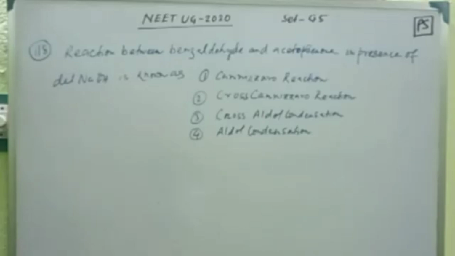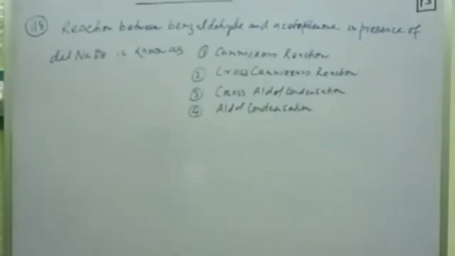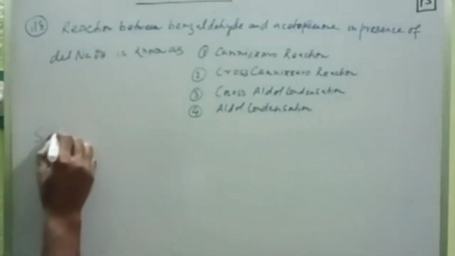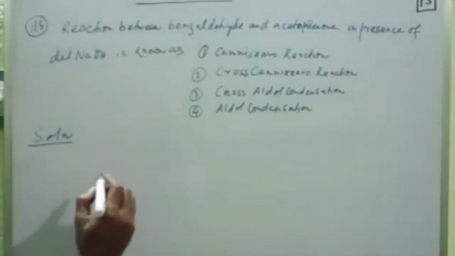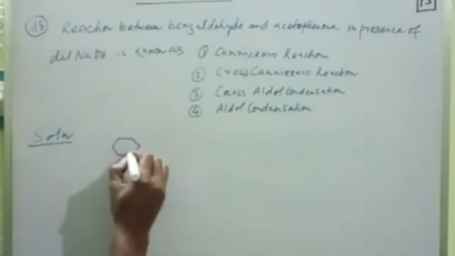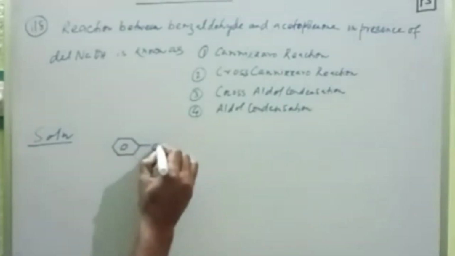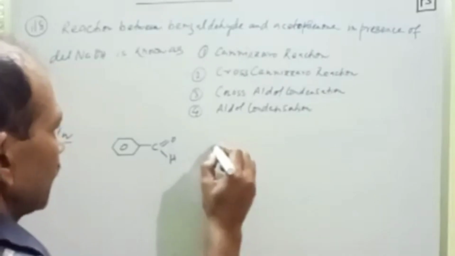Question number 118. Reaction between benzaldehyde and acetophenone in presence of dilute NaOH is known as option 1 Cannizzaro reaction, option 2 cross Cannizzaro reaction, option 3 cross aldol condensation, and option 4 aldol condensation. You know the structure of benzaldehyde. And the structure of acetophenone.